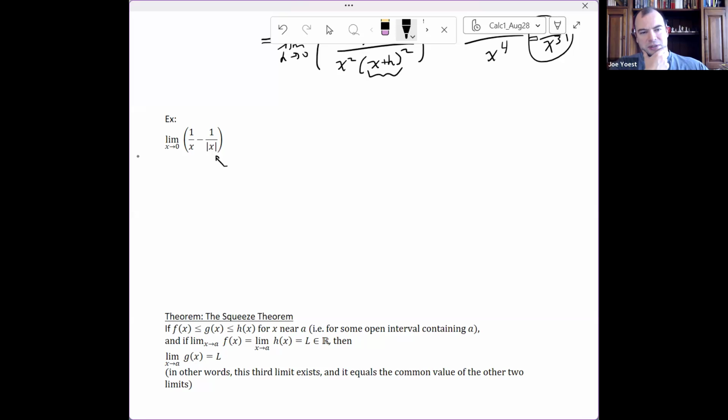Okay, so let's consider the case where the inside of the absolute value is positive. Well, that's where x is bigger than 0. Well, that's just the right-hand limit.